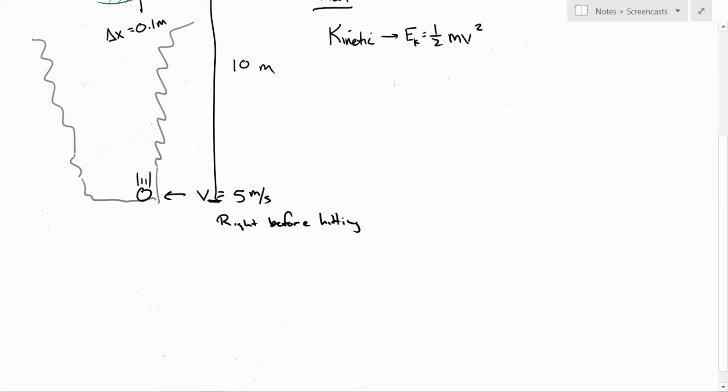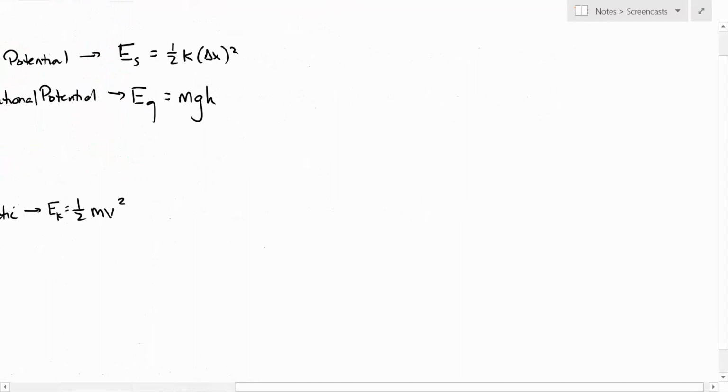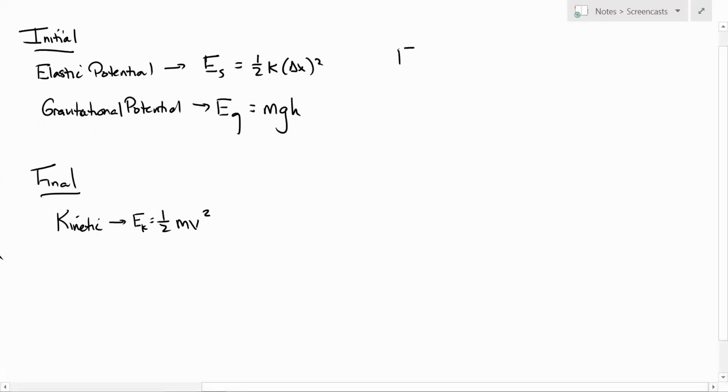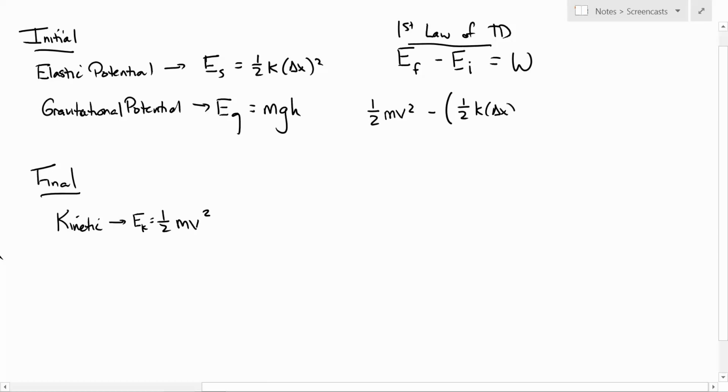So now, what we can do with this is say that the final energy minus the initial energy should be equal to the work. This is our first law of thermodynamics, conservation of energy at its finest. So our final energy should be 1/2 mv squared. Our initial energy should be 1/2 k delta x squared plus mgh.